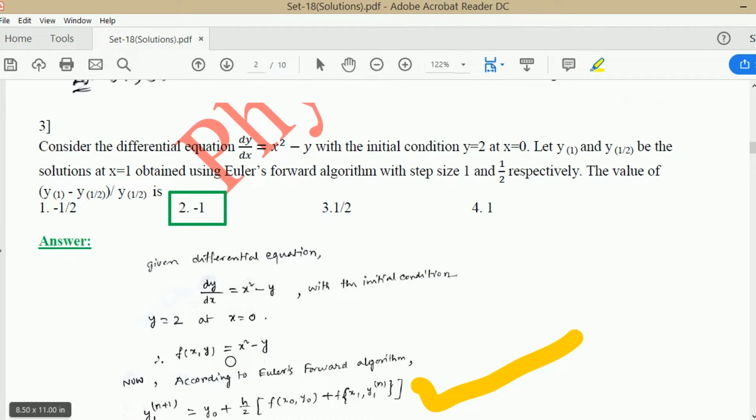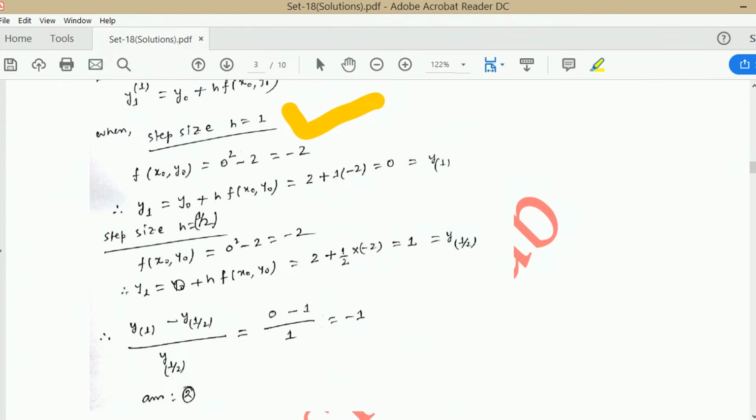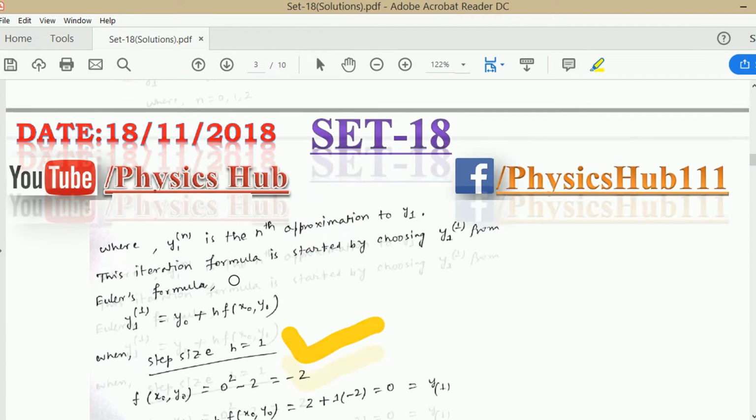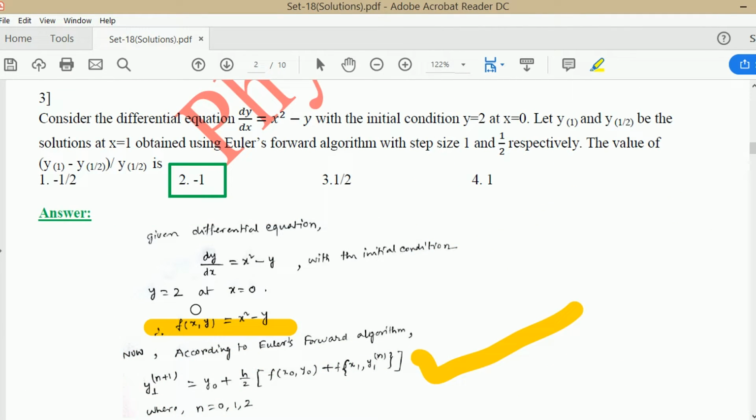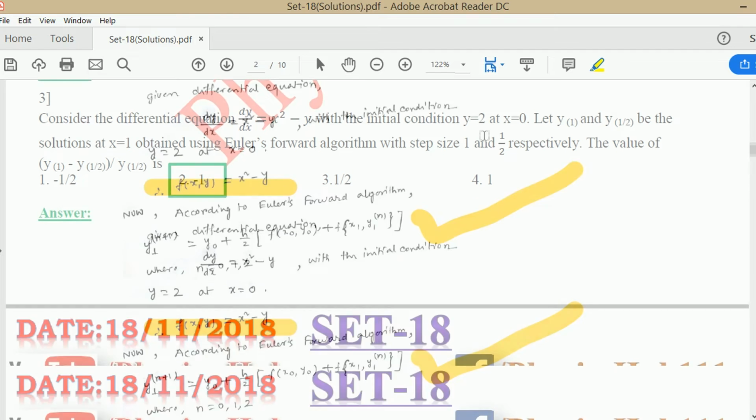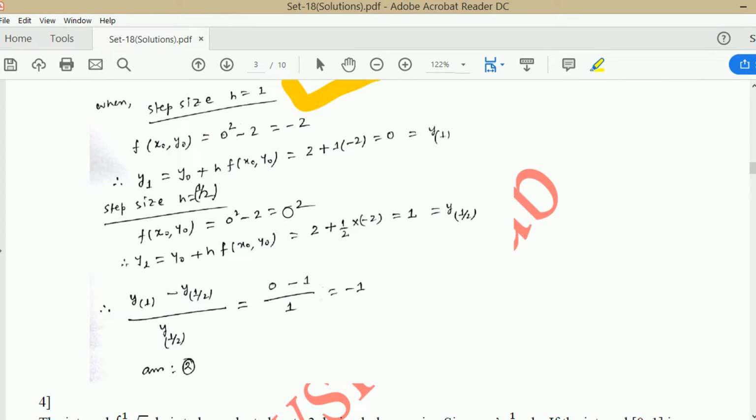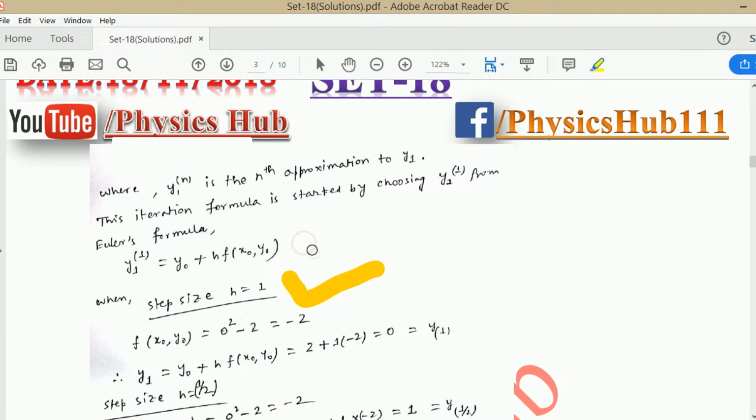Here x0 is 0 and y0 is 2. This is the initial condition. So f of x0, y0, putting 0 and 2, we get minus 2.